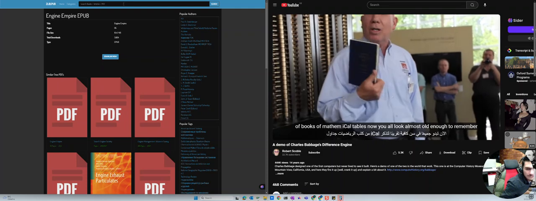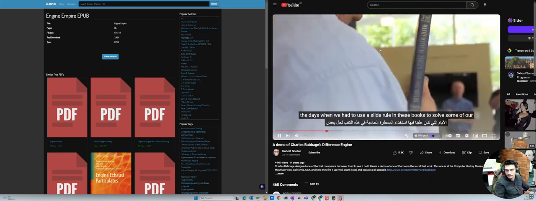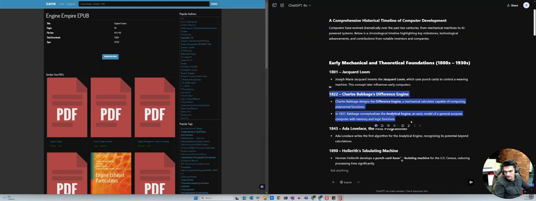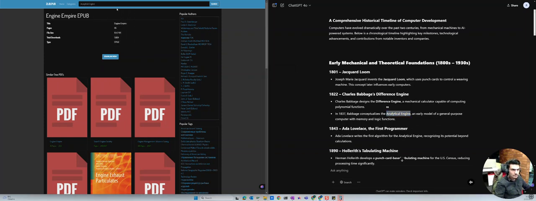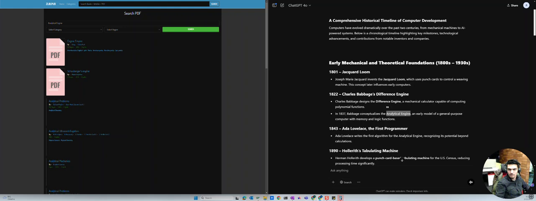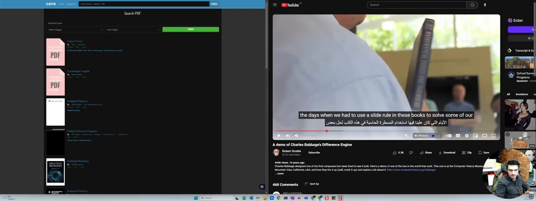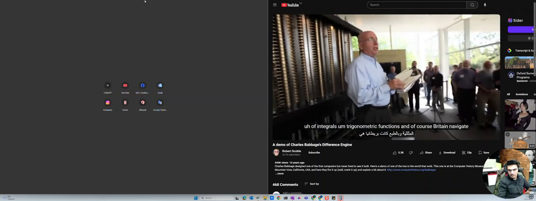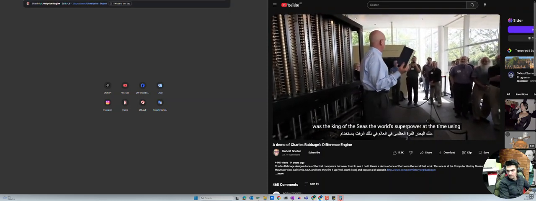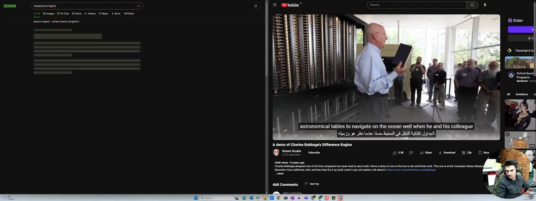Now, you all look almost old enough to remember the days when we had to use a slide rule and these books to solve some of our problems, to look up natural logarithms or common logarithms, tables of integrals, trigonometric functions, and of course, Britain was the king of the seas, the world's superpower at the time, using astronomical tables to navigate on the ocean.